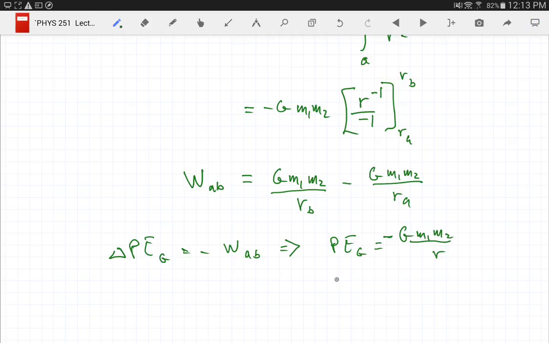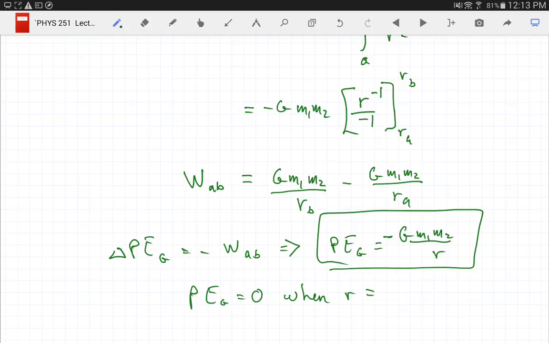So what r makes this equation right here equal to 0? Infinity? That's correct. So we use infinite separation as our reference point for zero gravitational potential energy when we use this form of the equation.